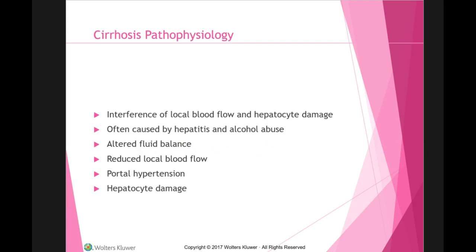And this scarring or fibrosis interferes with the blood supply to the tissue. And bile may back up, and it also leads to ongoing inflammation and damage. Initially, the liver is enlarged, but then it becomes smaller because it shrinks as the fibrosis proceeds.